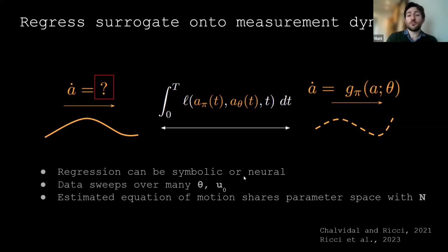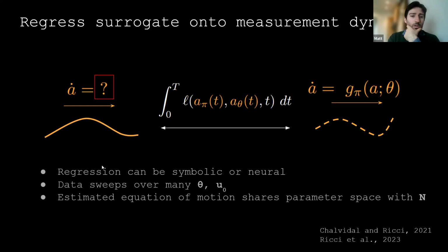Or we can use neural regression. By that, I mean now we'll construe G as a neural network, those things that have taken over our lives. And we'll regress onto the hidden parameters of that neural network. Both are possible and have their costs and benefits.